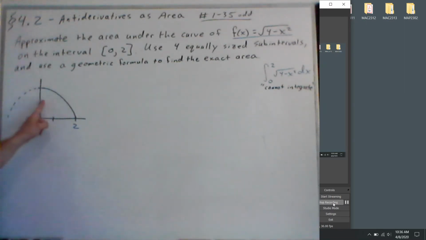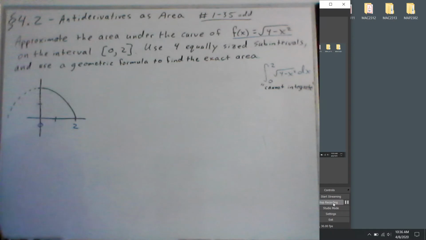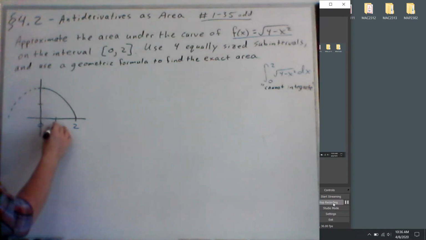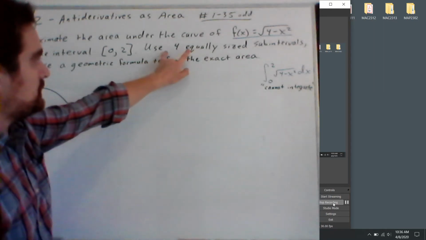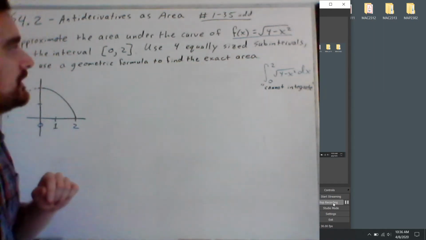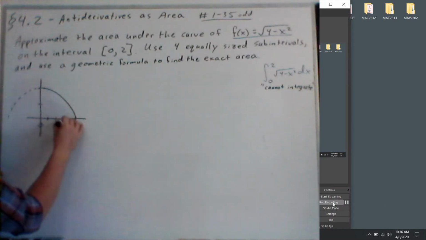Which means we're trying to approximate this area. Let me get this guy a little more in the middle here. There we go. So when we look at something like this, and we want to try and approximate the area, first it asks us to use 4 equally sized subintervals, which means we would have to break this up into 4 subintervals.